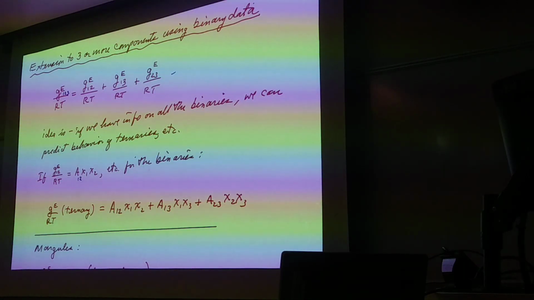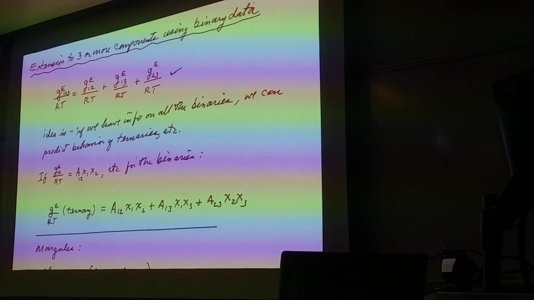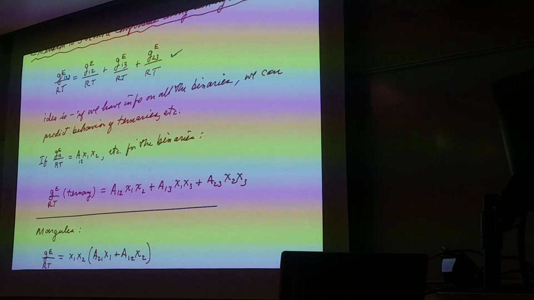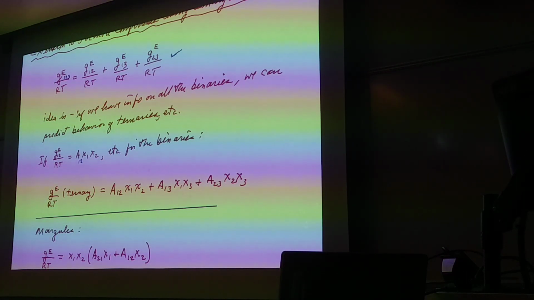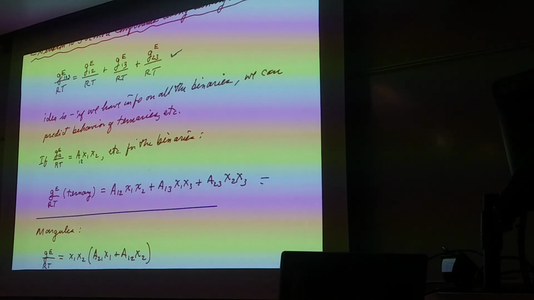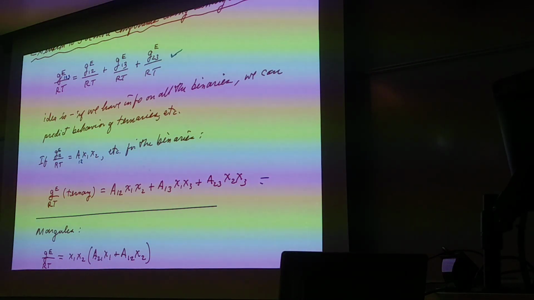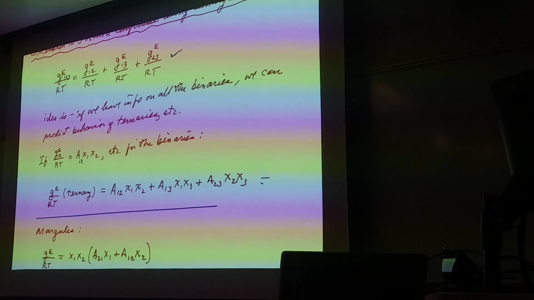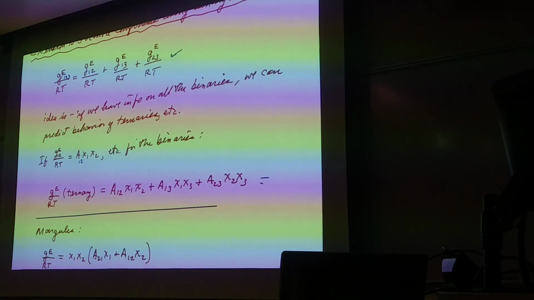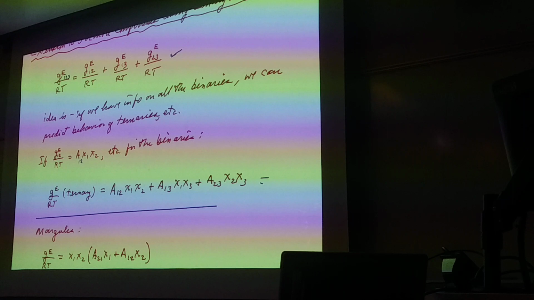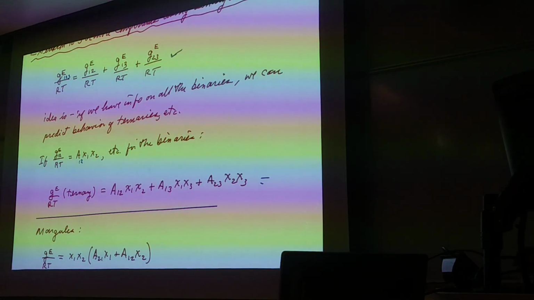If that representation is good enough for all three binaries, then putting it together in this form results in something that isn't too hairy. You just get the sum of these three terms. And I think you could imagine extracting the activity coefficients, ln gamma 1, ln gamma 2, ln gamma 3, out of this using the same mechanism we had before, that is, differentiating the extensive form of this with respect to the different mole numbers.